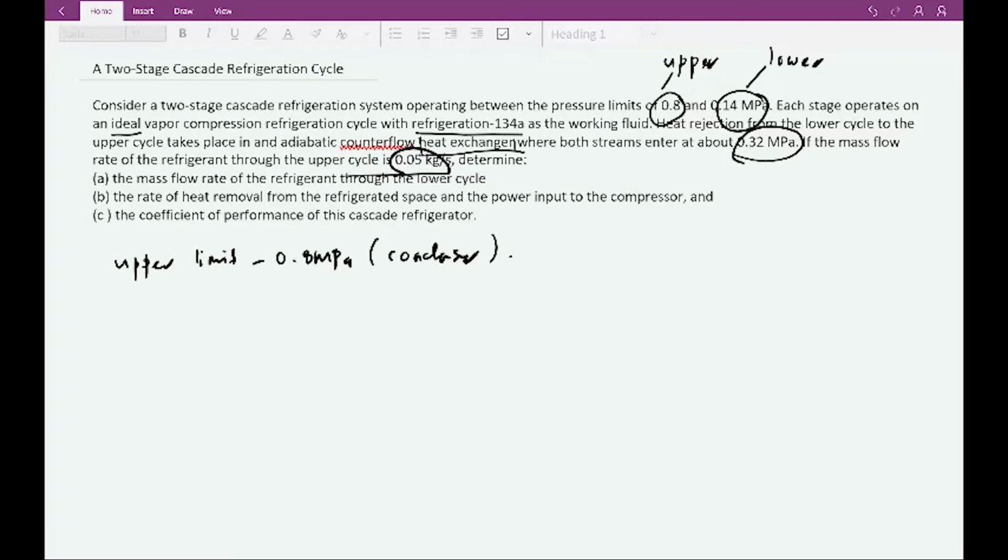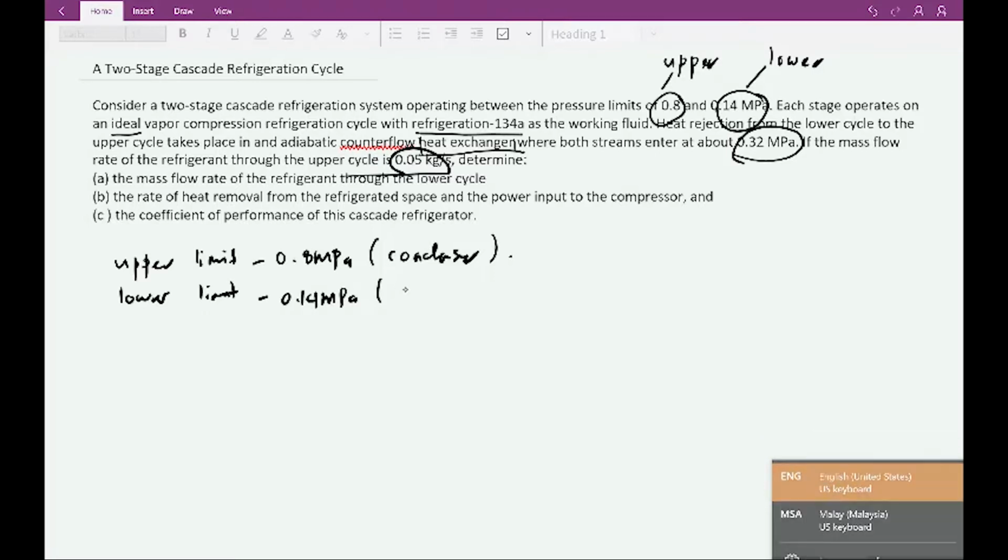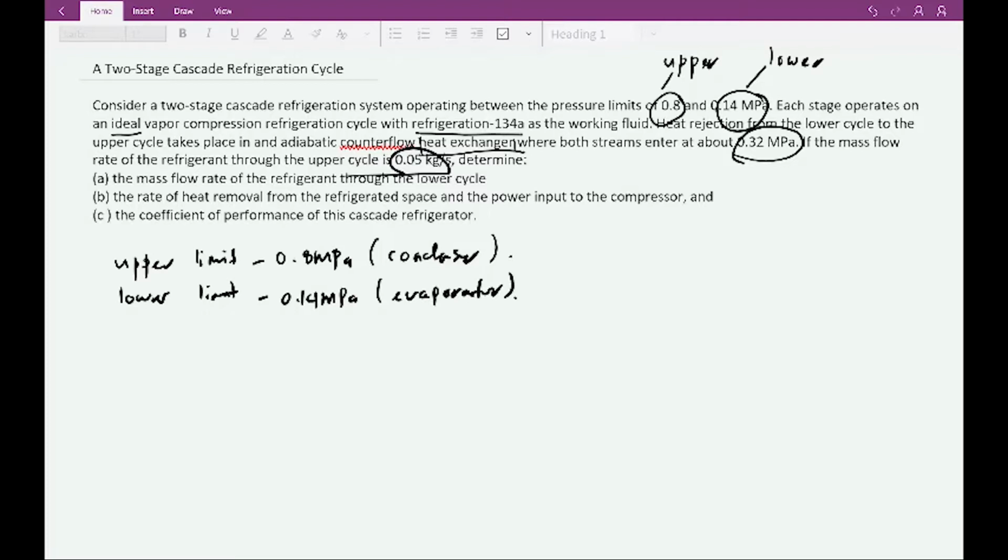While the lower limit is 0.14 MPa, this pressure is located at the evaporator. It operates at the evaporator because the evaporator operates at the lowest pressure in your cycle.